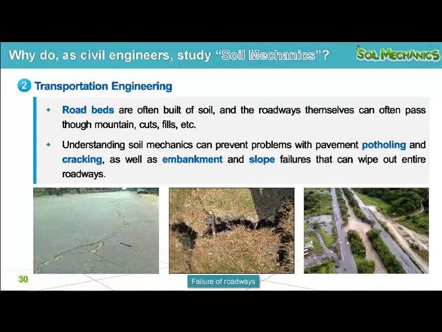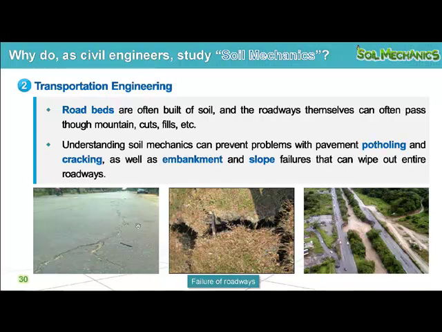So we need to understand soil mechanics to prevent problems that can occur during and after constructing our roadway. For example, in the photo, you can see the pavement cracking. Here, cracked pavement.